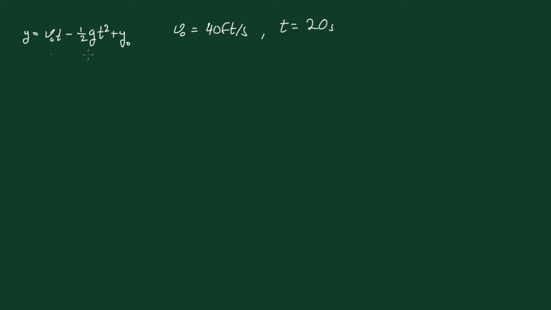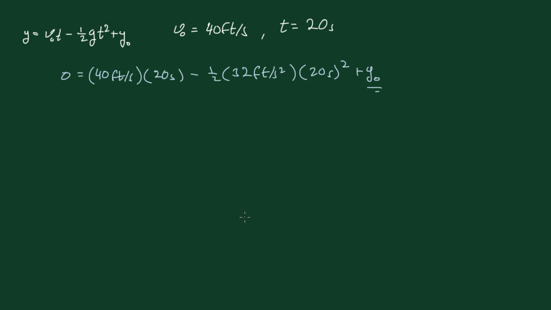We'll go ahead and plug these numbers in, keeping in mind that at t equals 20 seconds, y is equal to 0. So we have 0 is equal to 40 feet per second multiplied by 20 seconds, minus 1/2 of 32 feet per second squared multiplied by 20 seconds squared, and then plus y0. So we just have to solve for y0 here.